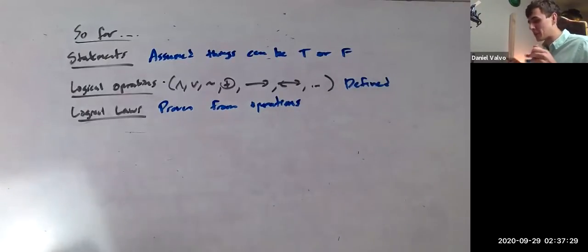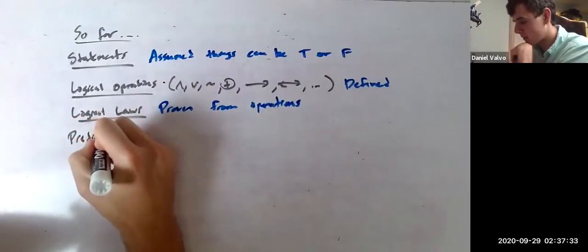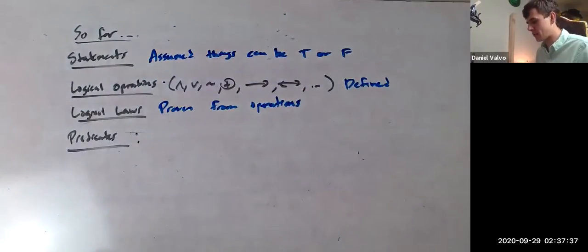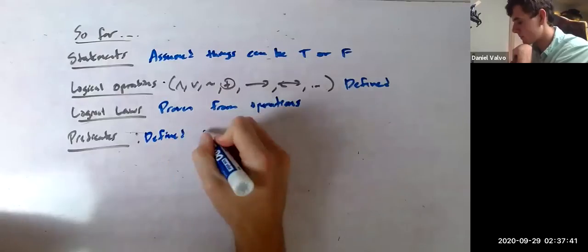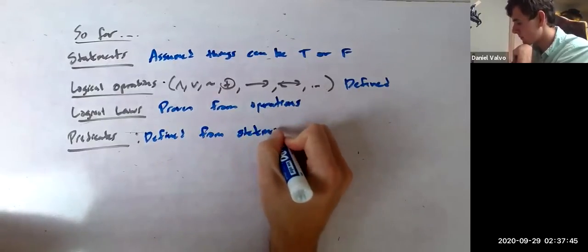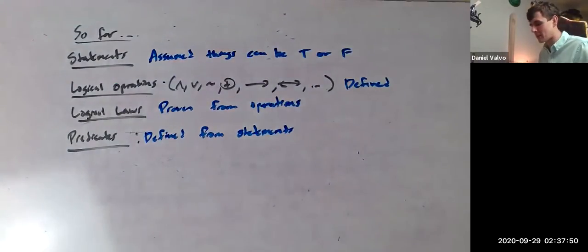And after logical laws, we had predicates, which were once again defined from statements. We just define it to be that thing where if you plug something in, it becomes a statement.